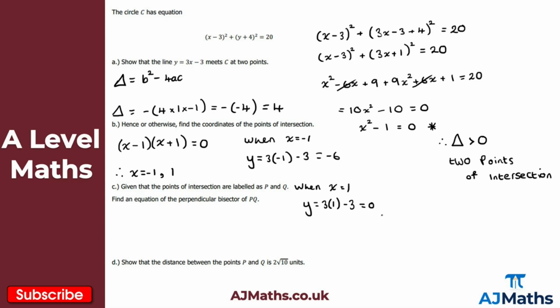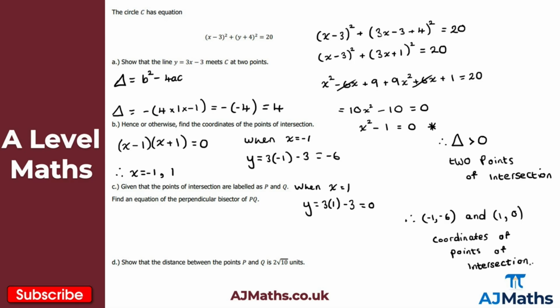So our solutions for part B, or the coordinates of the points of intersection, will be minus 1, minus 6, and we also have 1, 0. That would be the coordinates of the points of intersection. So there we have it, that's our solution to part B.